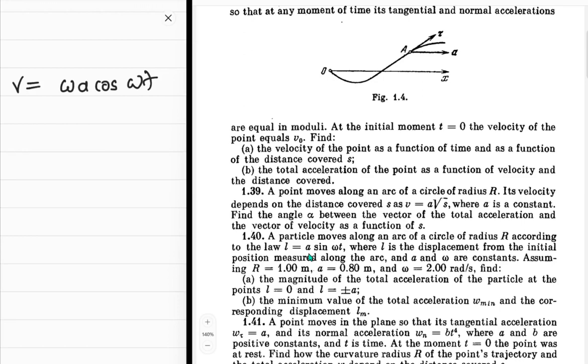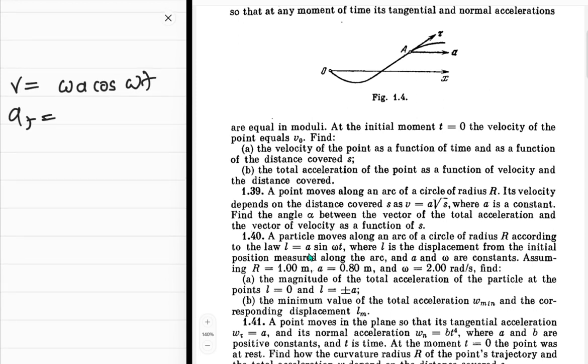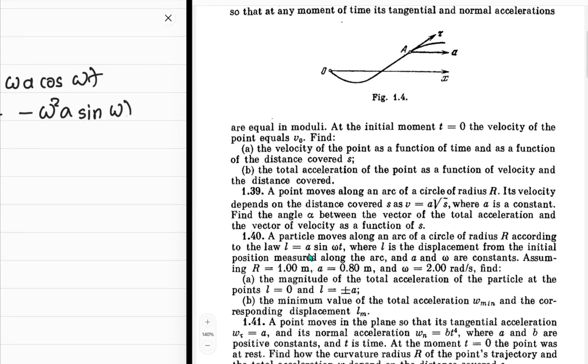Yes, and now we'll go for tangential acceleration. That will be the rate of change of this, which is going to be negative omega squared A sine omega t.